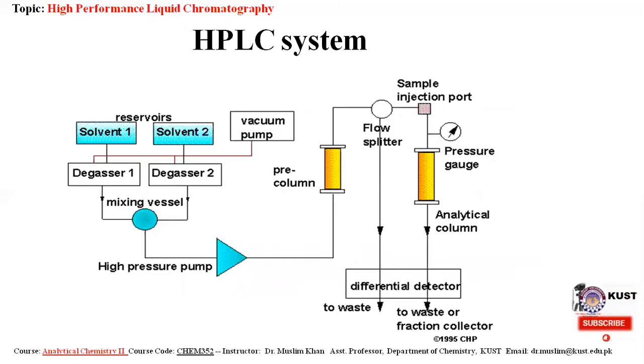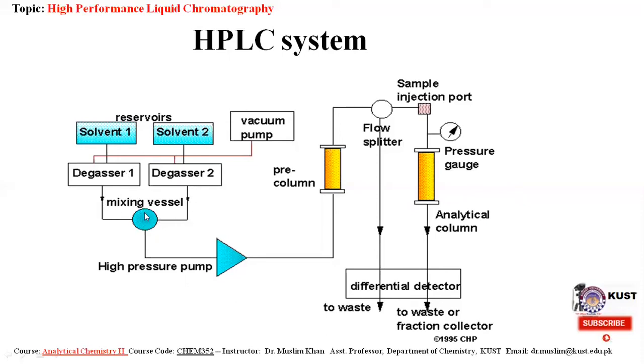This is the flow chart of the HPLC system. In an HPLC system, basically there are different solvent reservoirs. Sometimes 2, sometimes 4, sometimes 3. So this is solvent 1 and solvent 2. This solvent is degassed here before mixing.